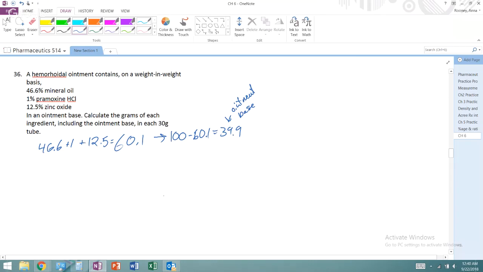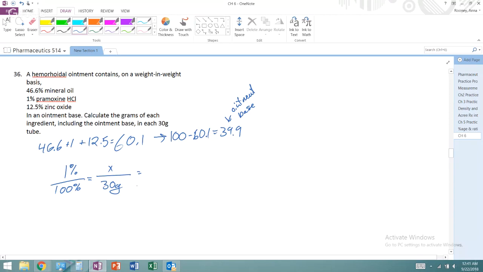You could almost say that the mineral oil is the ointment base because it's the largest percent, but I'm not going to argue. So the first thing I see is that there is a 1%. The way that I would do this is take the 1% over 100% and then the 30 grams, because we know that it's 30 grams.